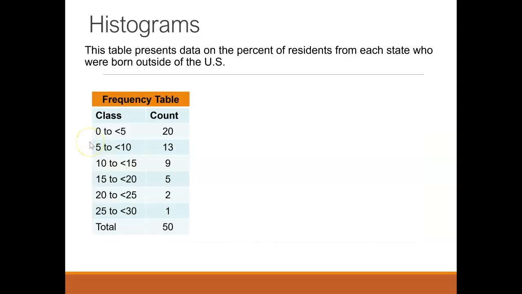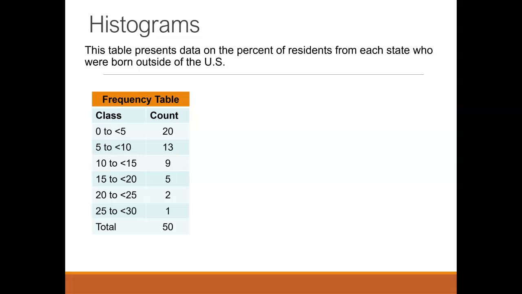Okay. So let's make a histogram here. So our frequency table: 0 to less than 5, 5 to less than 10, 10 to less than 15. All of our classes are here. Notice they all have equal width. And then the counts for each class are given here. So I'm going to start by making my histogram. I'm going to start by drawing my x and y axes, scaling them.